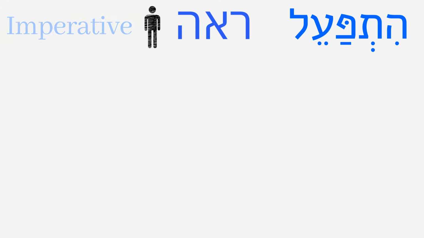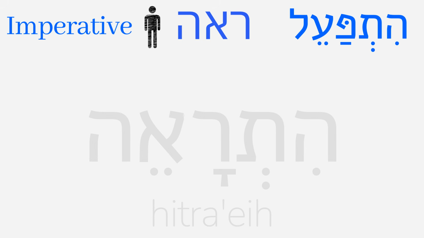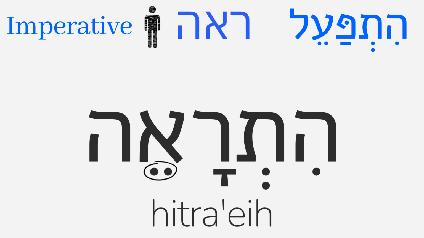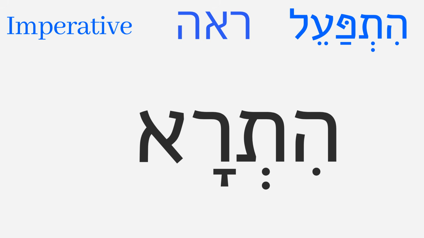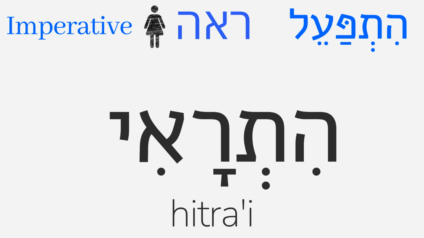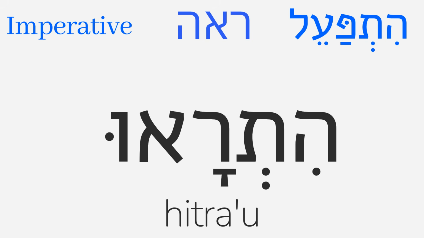The masculine singular imperative is regular, hitra'eh, with its last vowel as a tsere. But the feminine singular and masculine plural imperatives remove that ending before adding their own endings. Hitra'i is the feminine singular command, and hitra'u is the masculine plural command, see each other.